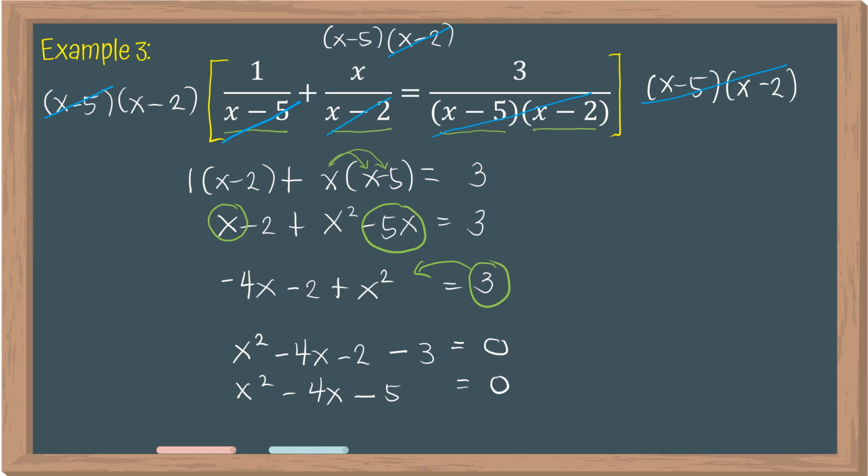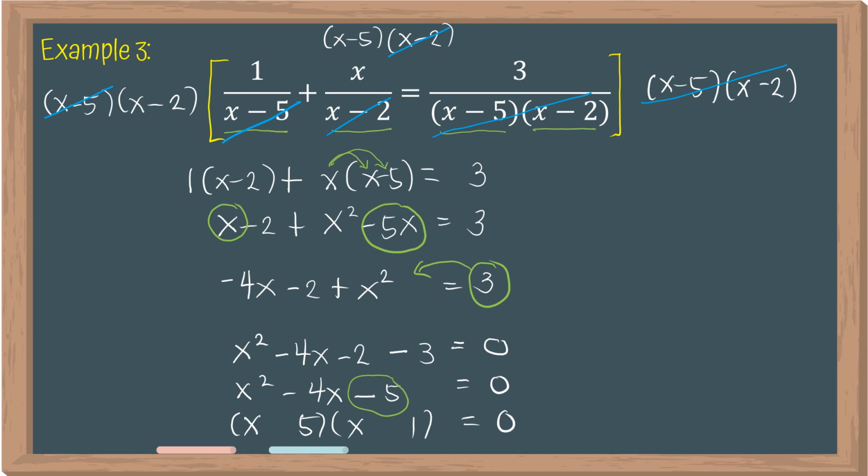So, to find the values of our x, as you can see, we have here a quadratic equation. So, let's try to factor it out to identify the values of x. So, we will have x, then x, and then we have 5 and 1 as the factors of our last term, negative 5.